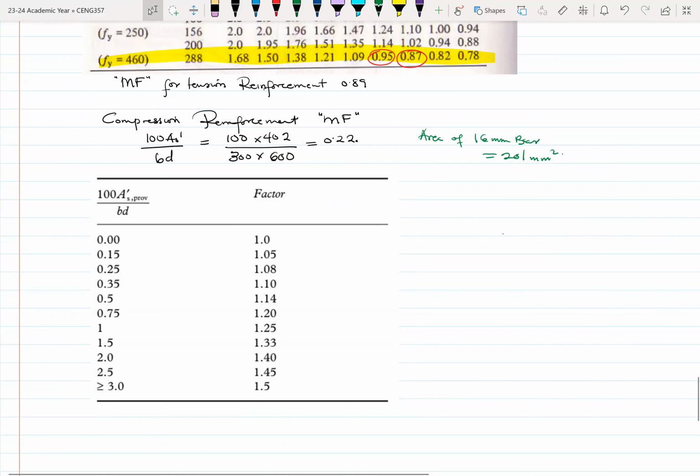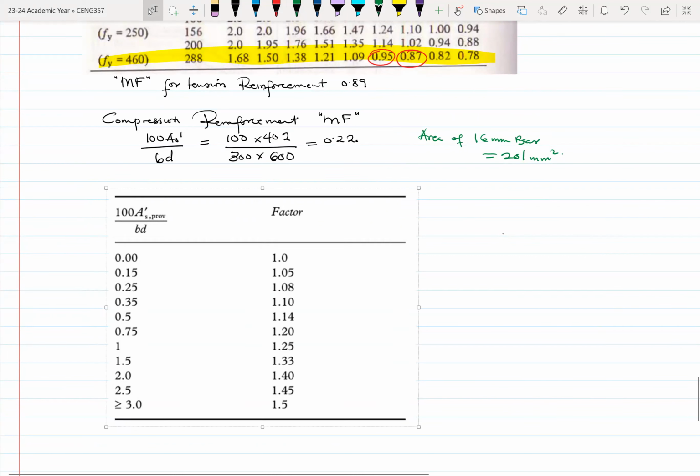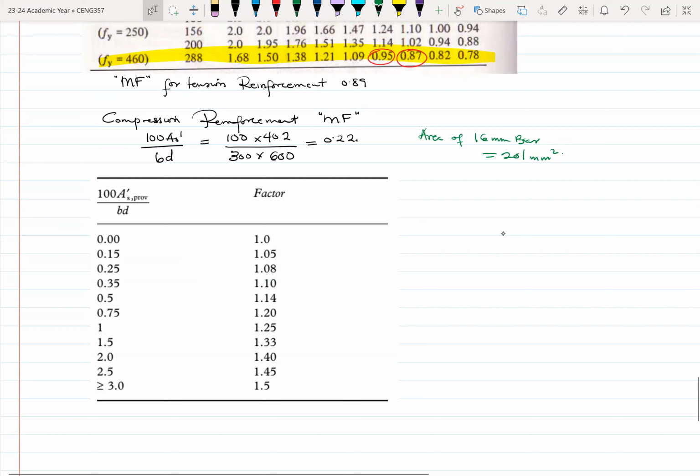So we are looking at somewhere 0.22. So our factor will lie between 1.05 and 1.08. Okay.